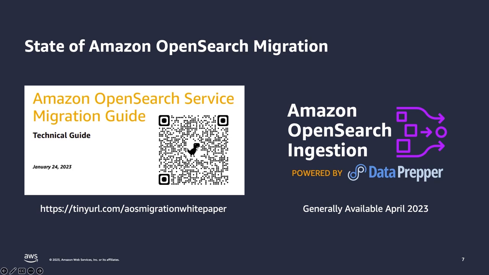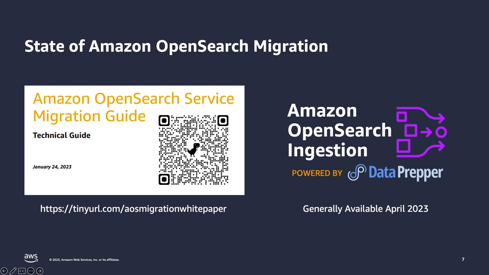This technical white paper guide was written based on our expertise and experience working with a number of customers doing migration to Amazon OpenSearch Service. And then recently in April of 2023, AWS launched a new managed service for Data Prepper named Amazon OpenSearch Ingestion.